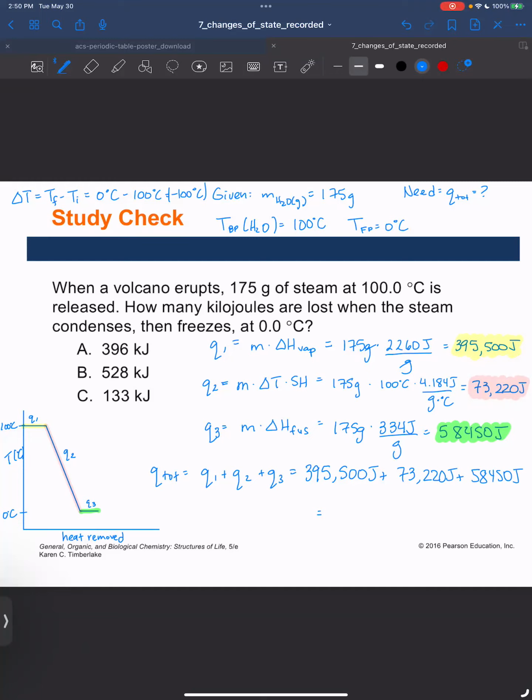And your final answer would be 527,170 joules. Let me double check.